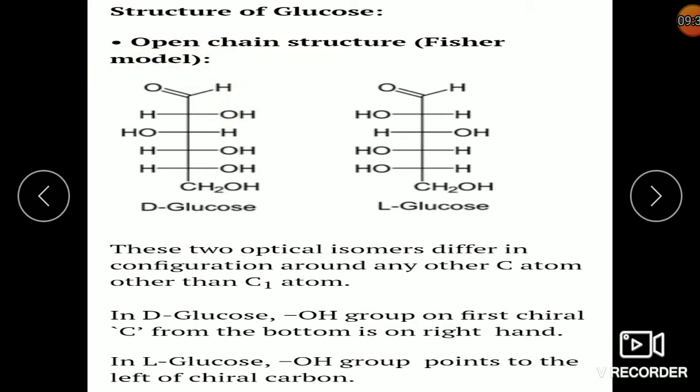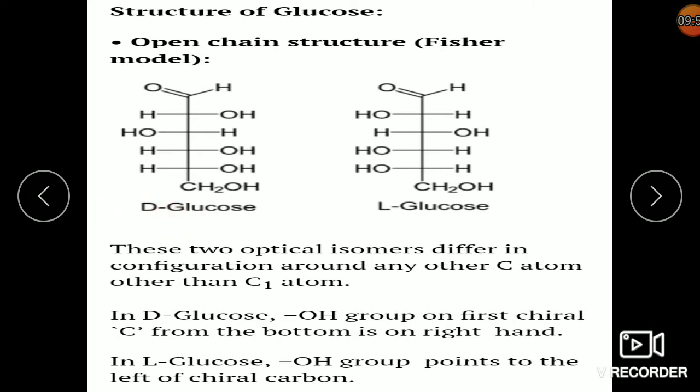Now, the Fischer model or Fischer projection formula for any compound is always a 2-dimensional representation. That means on a plane, on a paper, you can give the whole structure. It is not 3-dimensional, it just gives a 2-dimensional idea.